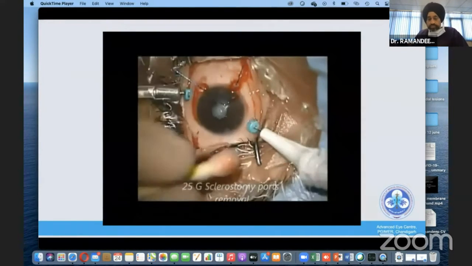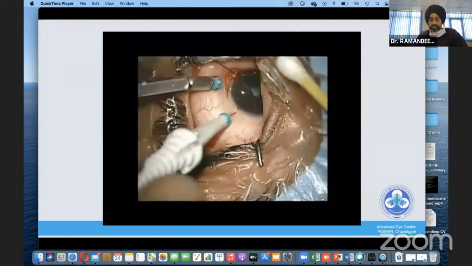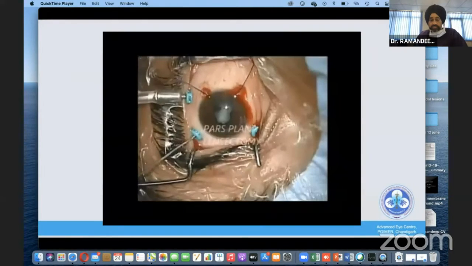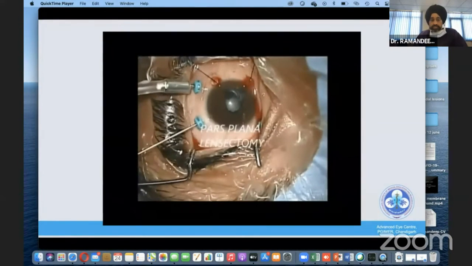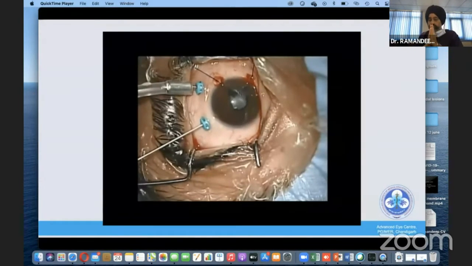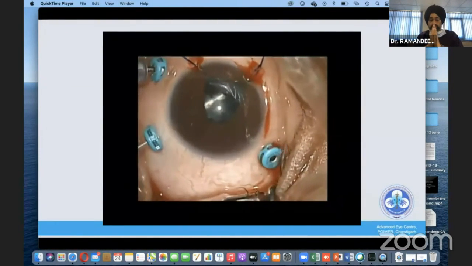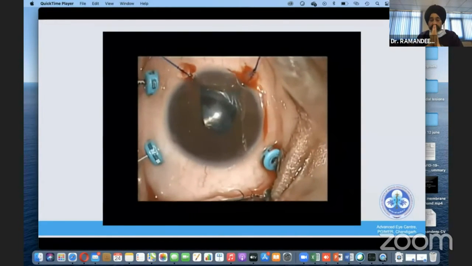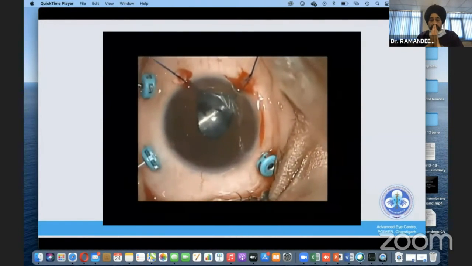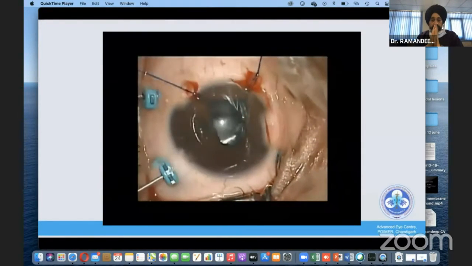So a 3-port pars plana vitrectomy approach is used. We were able to see the cannula inside through this lens, and iris hooks are used to exactly see the capsule and the lens and the iris, so that we don't cause iatrogenic injury to the iris, the ciliary body and the pupillary structures.